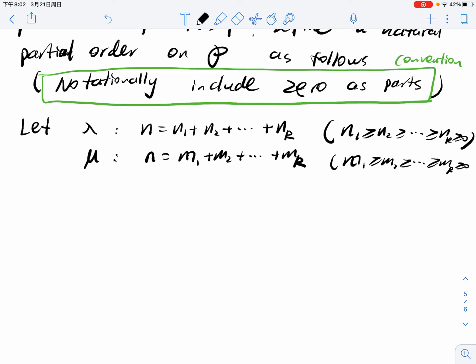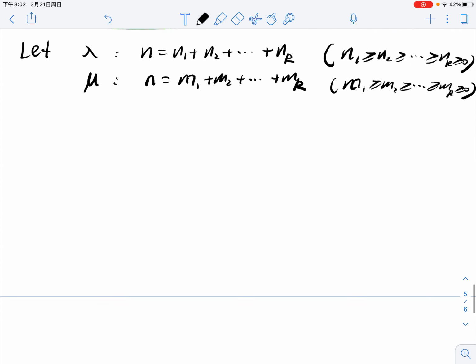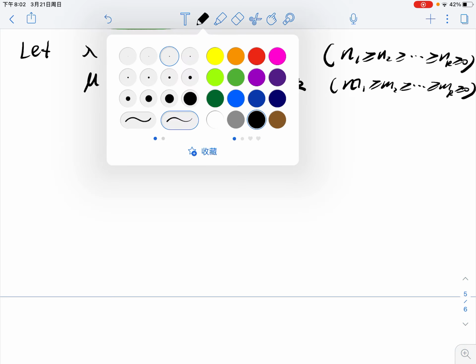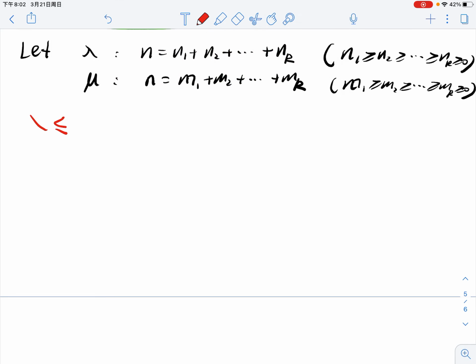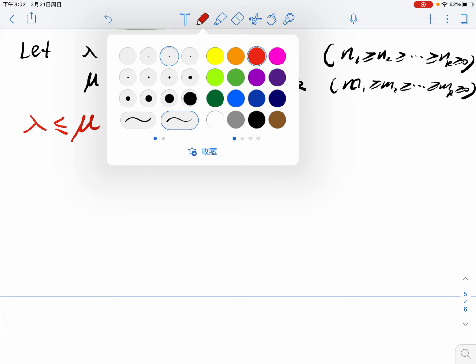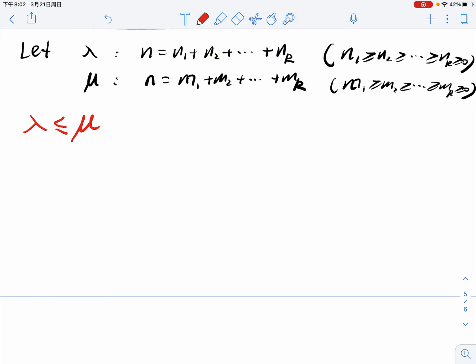Length means the number of parts. Okay, and then lambda is called less than or equal to mu if and only if n_1 plus n_2 all the way to n_i is less than or equal to m_1 plus m_2 plus all the way to m_i, for all i between 1 and k.